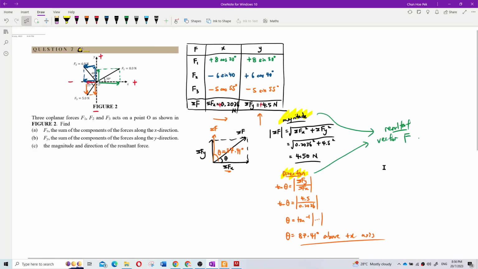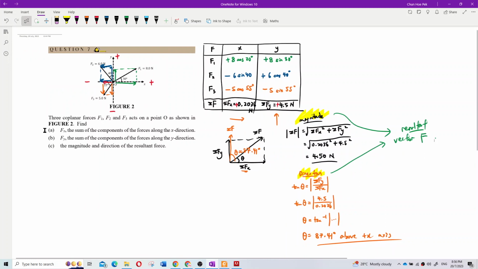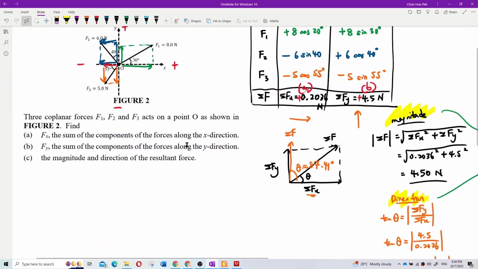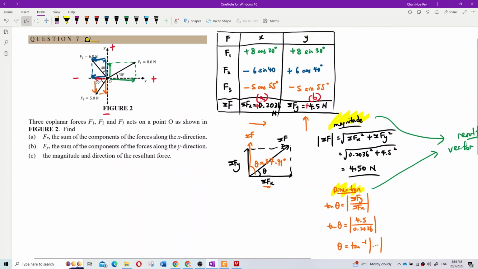So that's question A, sum of force in the x component. And question B, the total force for y component, 4.5, and then the magnitude of resultant force, that is this one.